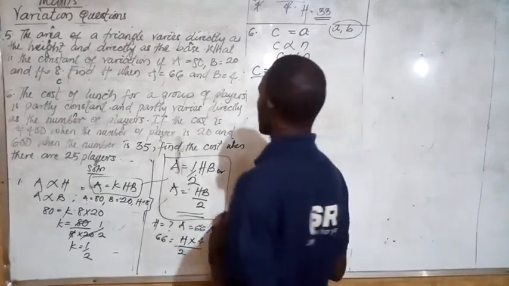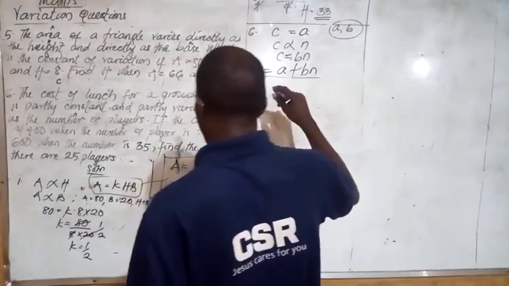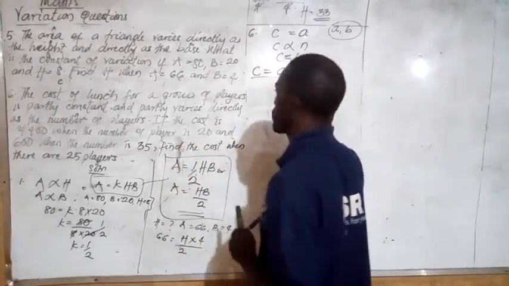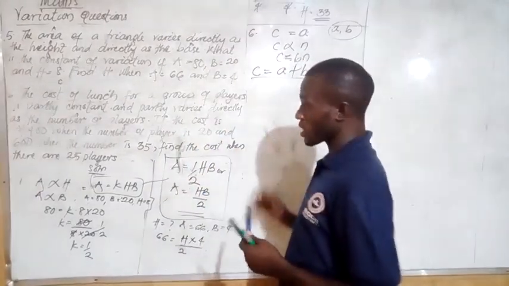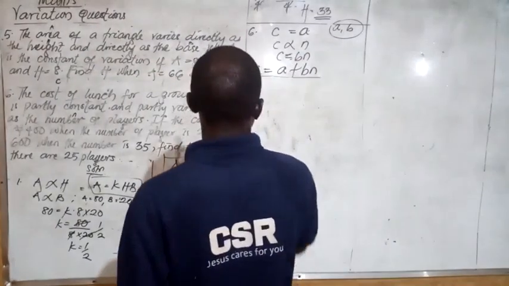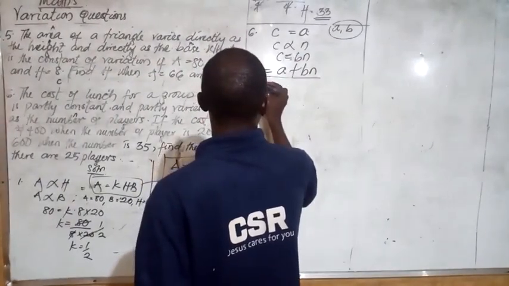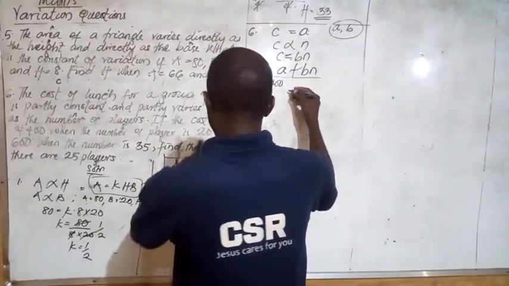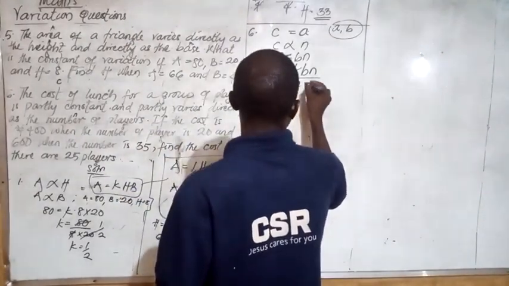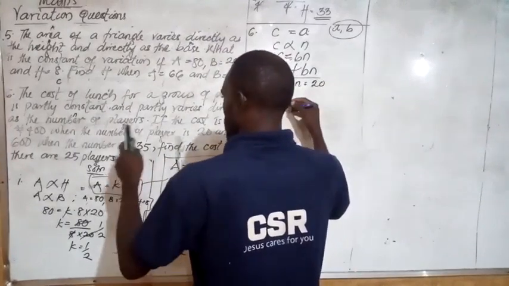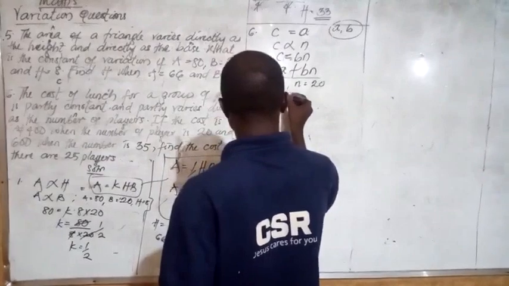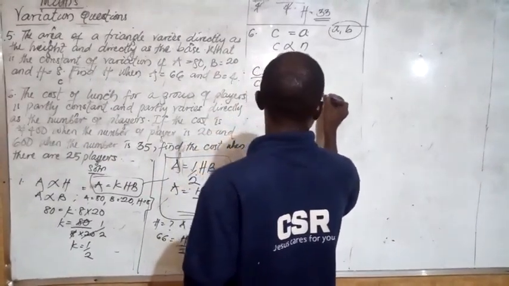Alright, so we're supposed to find the constants first. Now, as you well remember, partial variation is almost always going to lead to simultaneous equations. So C is given to be 400 naira when the number of players is 20, and the same C is now 600 when n is 35.